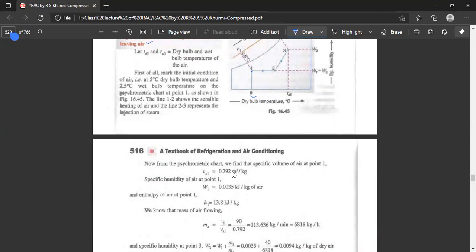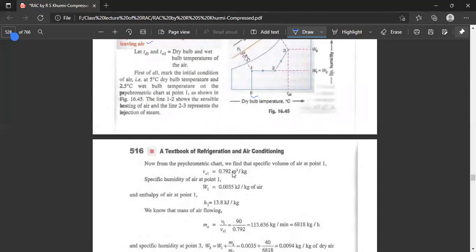The specific humidity of air at point 1, W1, is given as 0.0035 kg per kg, available from the humidity chart. The enthalpy at point 1, H1, is 13.8 kilojoule per kg, available from the psychrometric chart.